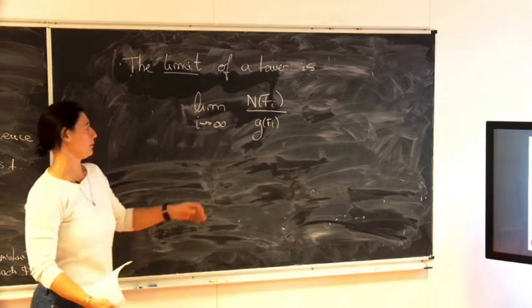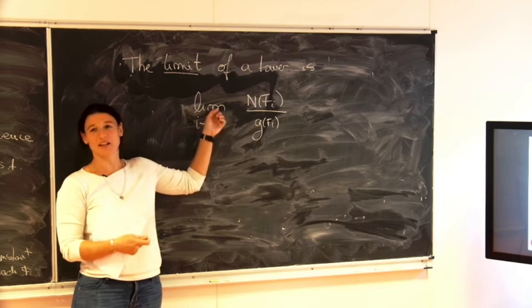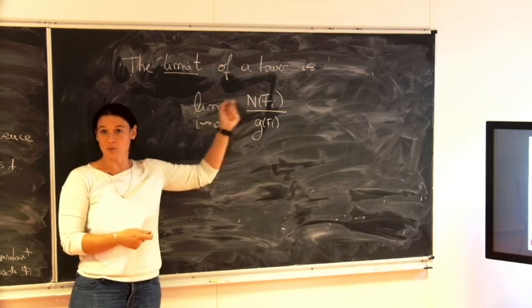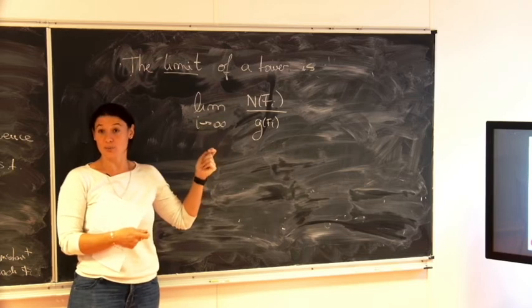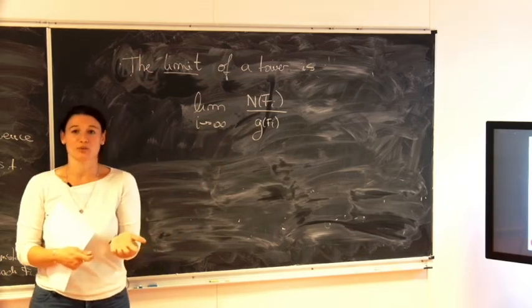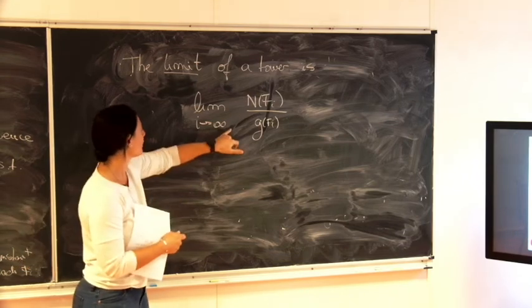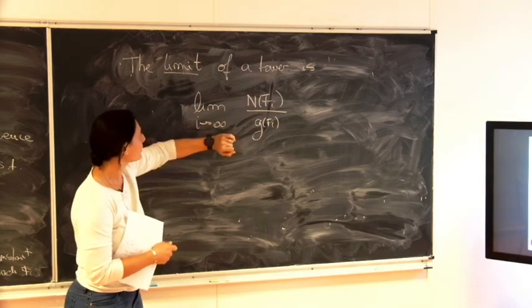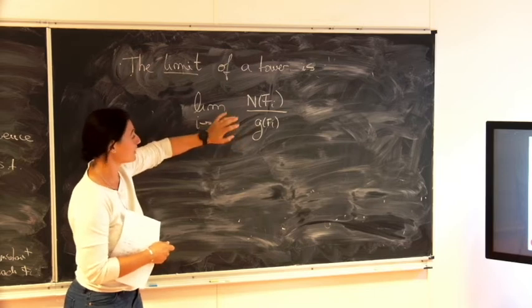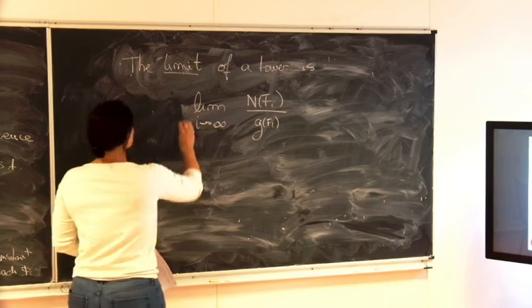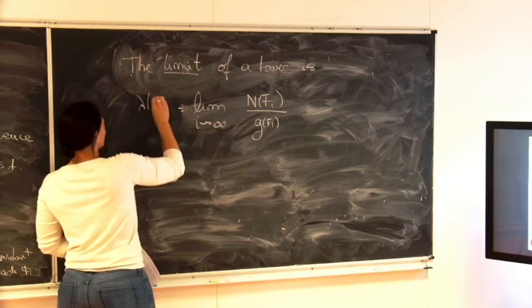And you can ask me, well, why do you put the limit? Why do you know that this is actually something that we can compute? Well, you can find the proof in the book also. This is a monotonous sequence, and it's bounded, so the limit exists. And this is defined as the limit of the tower.